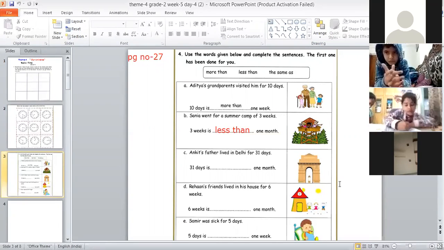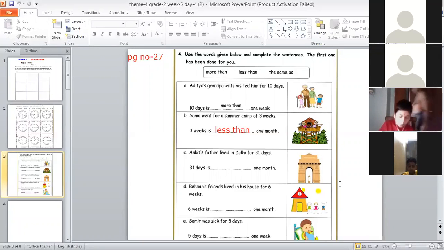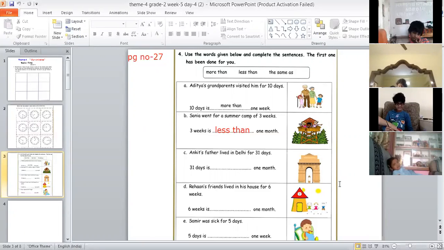Now next, that is bit C. Adya, read the next question. Bit C. Ankit's father lives in Delhi for 31 days. 31 days is dash 1 month. So Ankit's father lived in Delhi for 31 days.